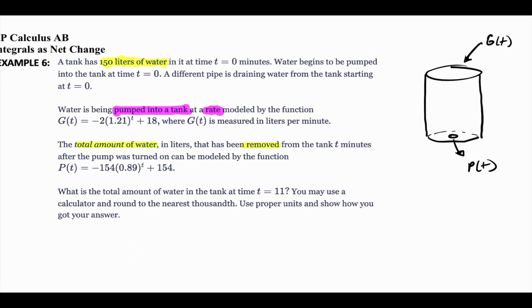So the wording on this one is what's important here. You got water coming in, you got water going out, and you got water that's already there. So at time 0, when we start, there's 150 liters of water already in the tank. Then at that moment, water begins to be pumped into the tank. A different pipe is draining the water from the tank starting at time 0.